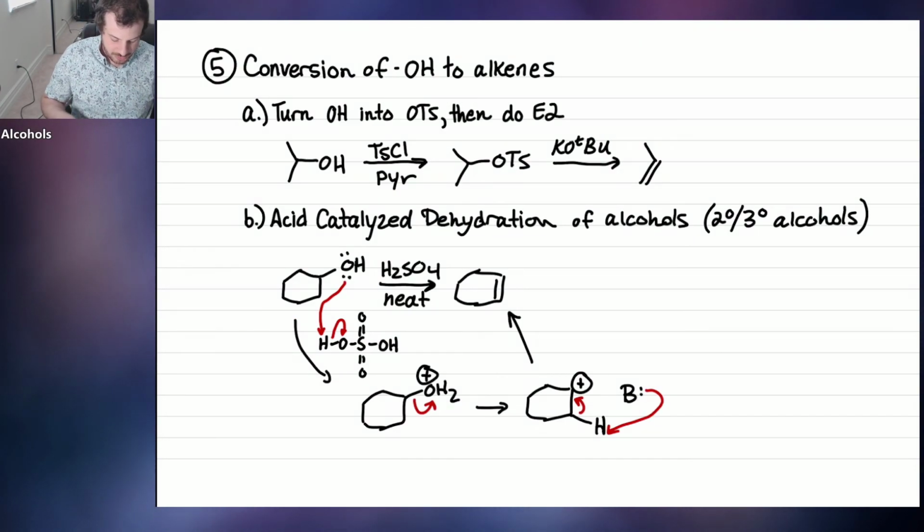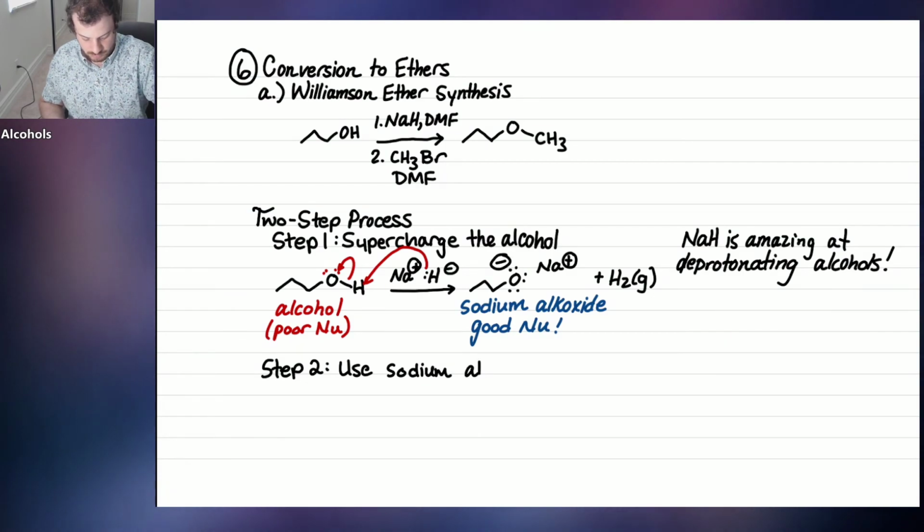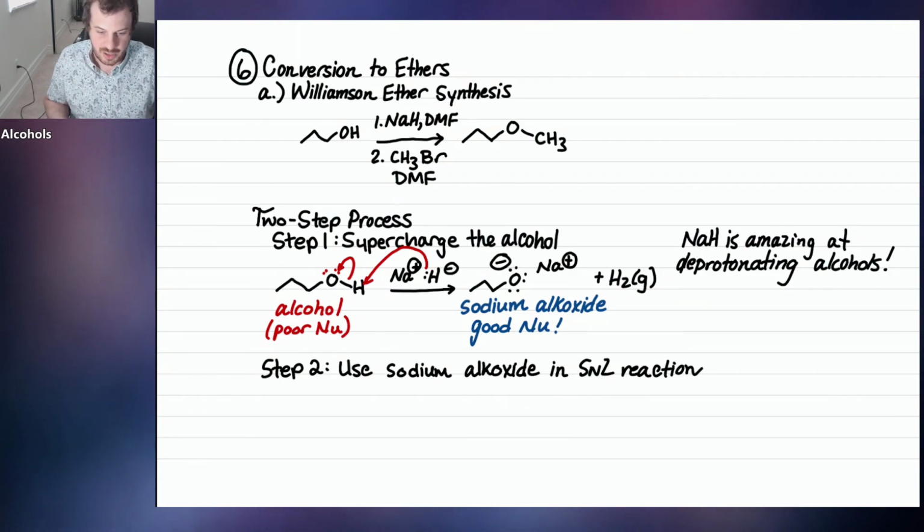Then in step 2, we use the sodium alkoxide in an SN2 reaction. So now that we've made a super strong nucleophile, we can use it as a nucleophile in SN2.